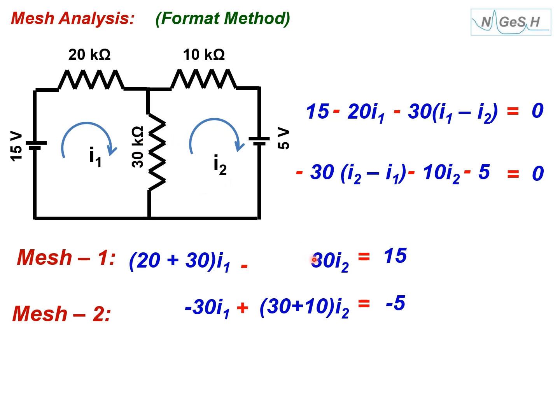So minus 30 I2 equal to, put the constant 15. Similarly, write for mesh 2. And now you can directly solve this by putting it in matrix. Once you get practice, you will directly write the matrix: 20 plus 30, minus 30, minus 30, 30 plus 10, and 15, minus 5, and it simplifies your solution.